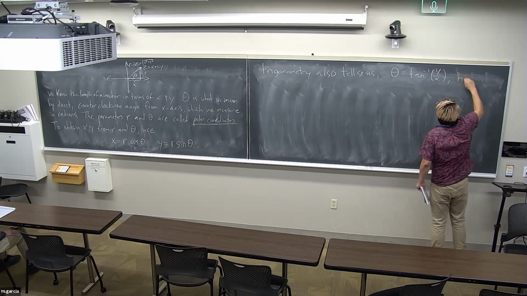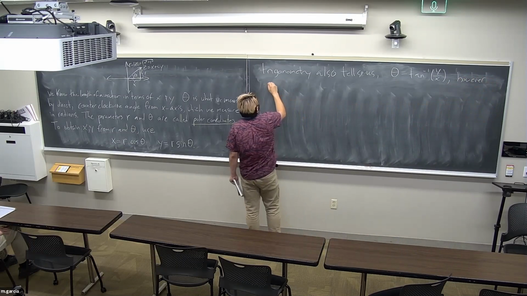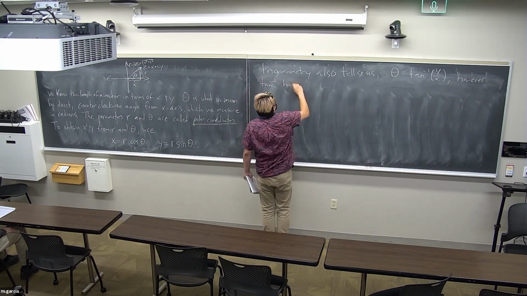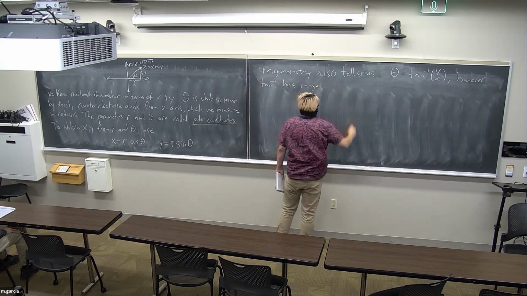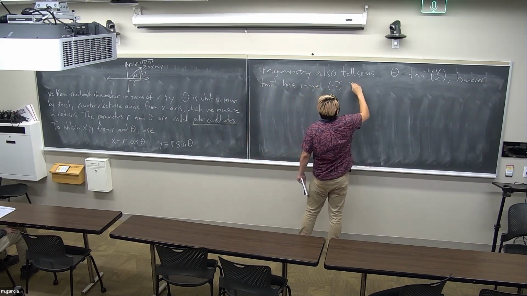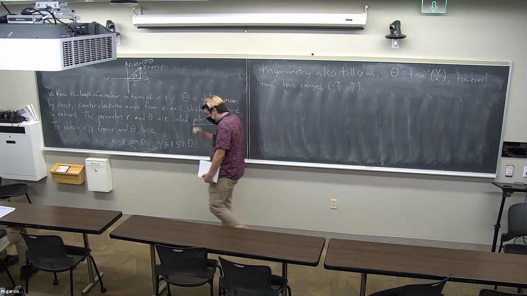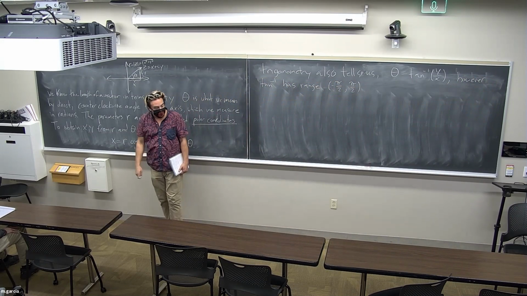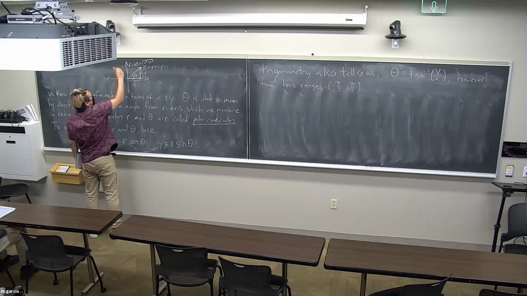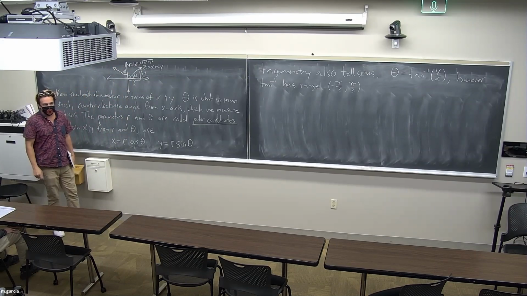So, however, inverse tangent has range negative pi over 2 to pi over 2. So it's not enough. What do we do when we have some vector over here with angle theta prime?